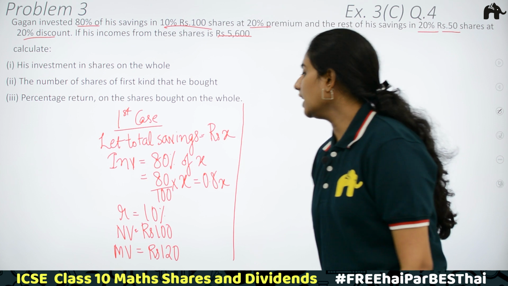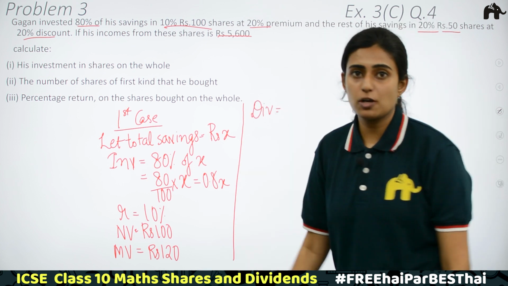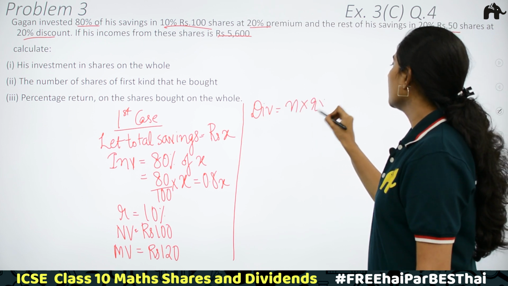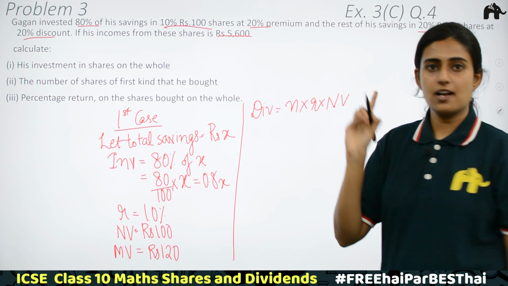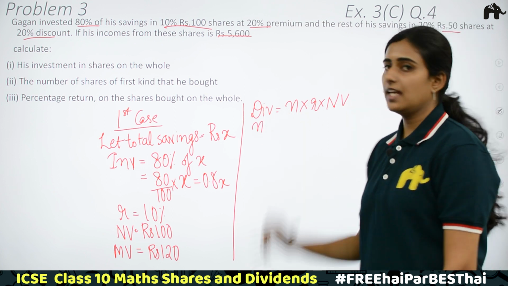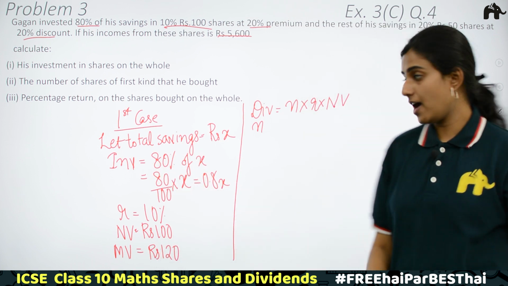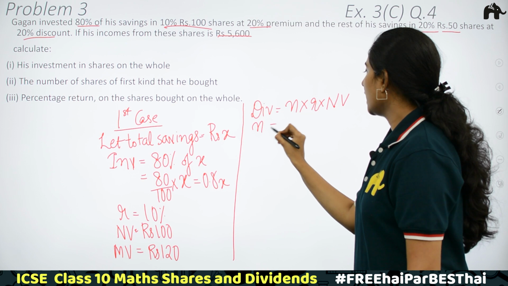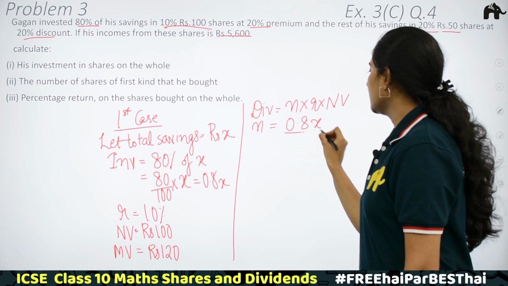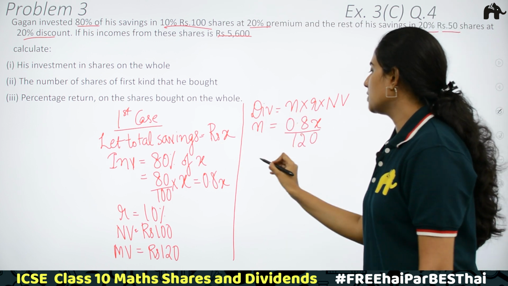How do you calculate the dividend now? To find dividend, we have a formula, that is N into R into nominal value of 1 share. But here we don't know what N is. How do you find N? We have the investment and the market value of 1 share. That is N is equal to 0.8x divided by 120. Just substitute.